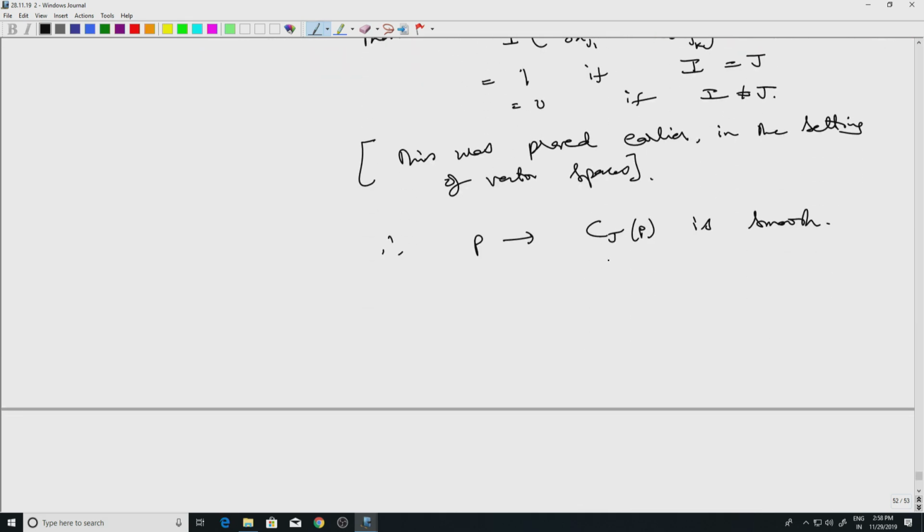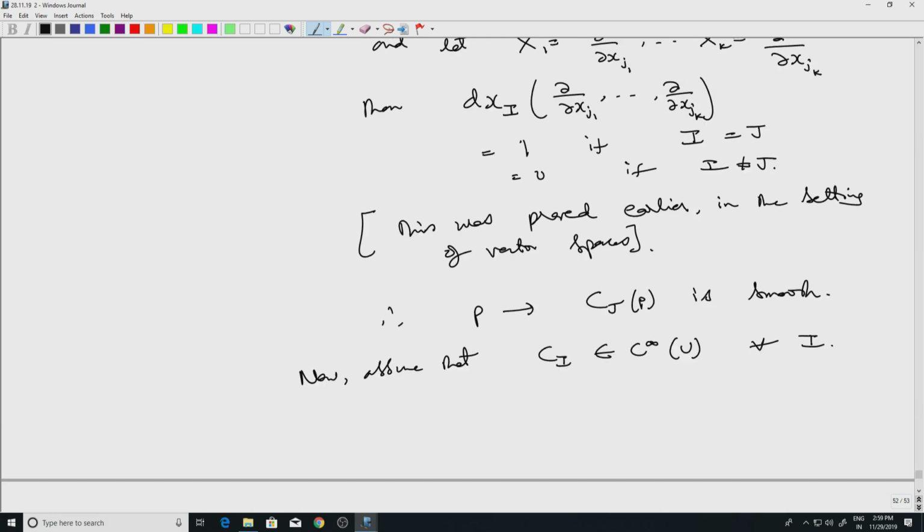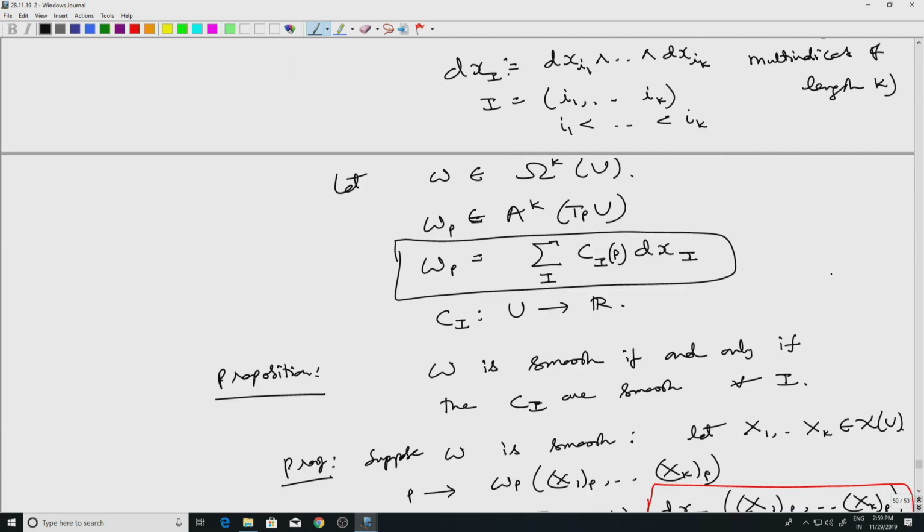Now let's prove the other part. Now assume that Ci belongs to C infinity of U for all strictly increasing multi-indices I. So I would like to say that this is smooth.